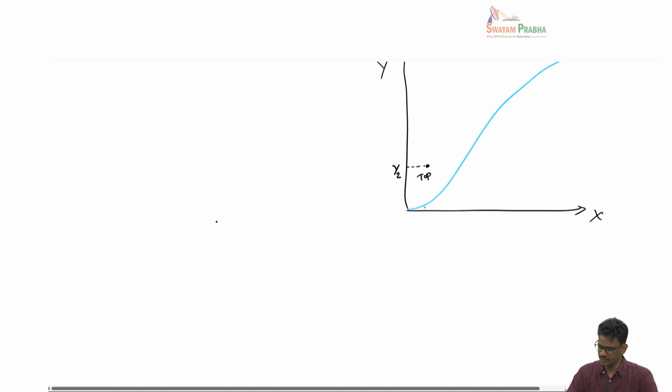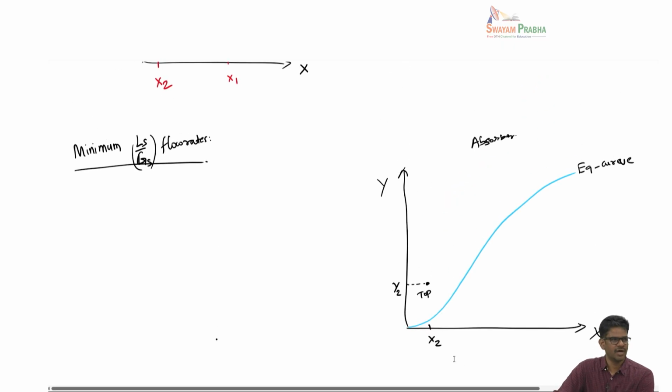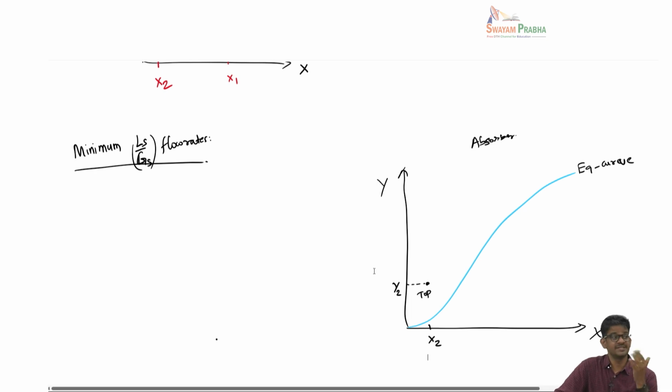So this is Y2 and this is X2. What it basically means is the incoming liquid will have a particular composition of the solute. This is specified because we know which liquid we are sending and we know its composition. Y2 is the target separation that we want to achieve. We want to say, I want the outlet gas to have only 1% of the solute, or it should be 99% clean. So that's a design specification.